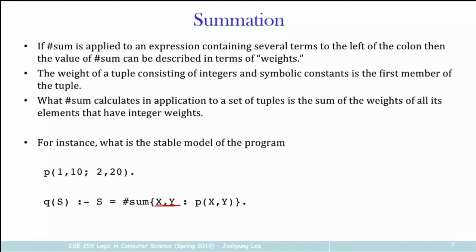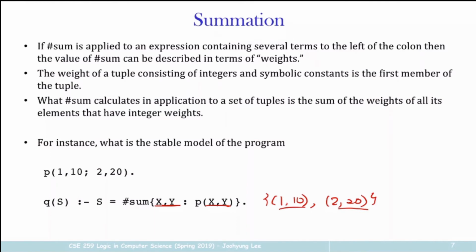So how many different possibilities? Here we have 1, 10. This is an XY pair, possible. Another is 2, 20, because these belong to P, right? So this is my XY. If I count XY pairs, then there are 2.